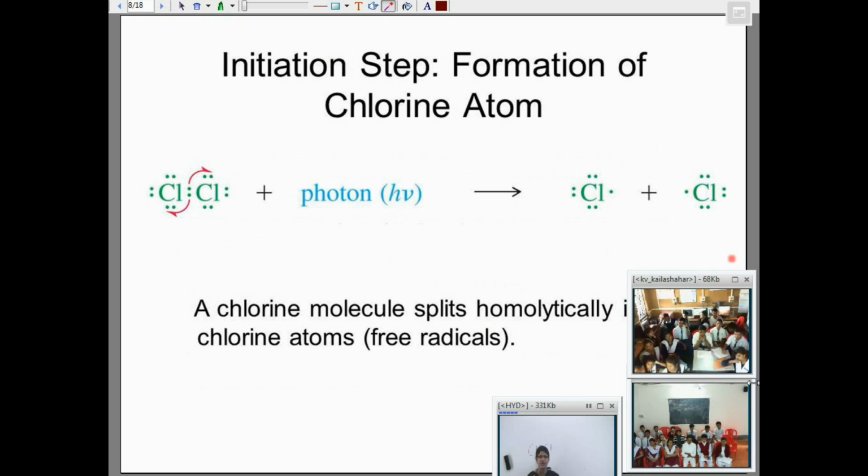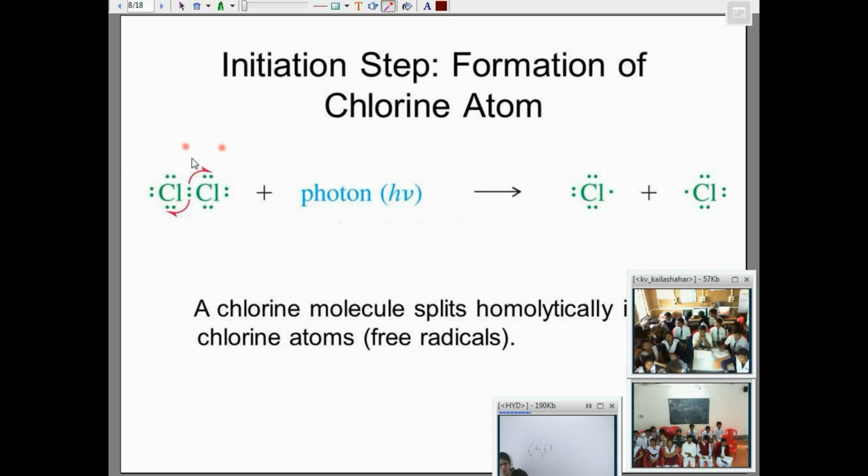Let us see the first step, the initiation step. You can see, children, chlorine. This is a molecule of chlorine, which is a covalently bonded molecule. There are 7 electrons in each chlorine atom. They have shared one electron, and Cl2, a chlorine molecule, is formed.